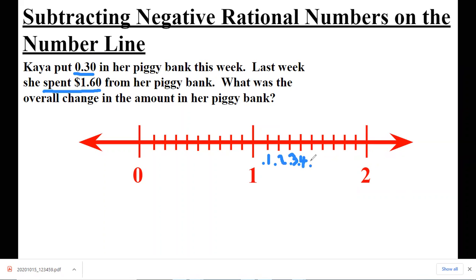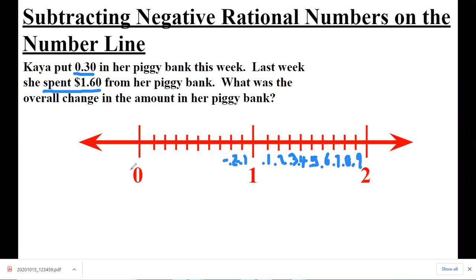Right in the middle is 1.5, 1.6, 1.7, 1.8, a little bit crowded here, and 1.9, and then 2. And then if we continue, 2.1, 2.2. Going the other direction, we have -1.1, -1.2, etc.